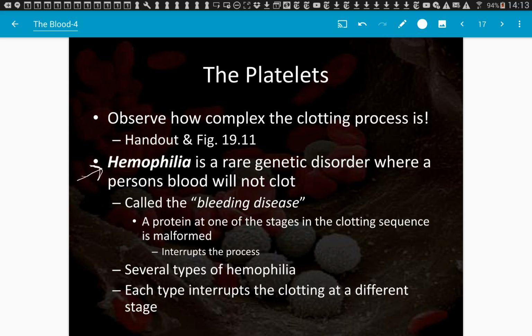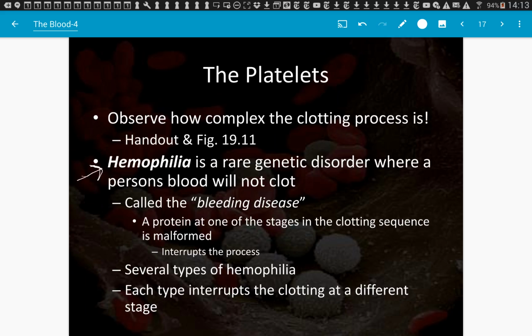So you need a blood transfusion from someone with healthy blood that has all those clotting factors, and so then a person's blood will be able to clot. So, for example, I remember my mom telling me a story that my grandfather was a professor at PUC, and if he had an emergency where he was bleeding, he would have to be driven down to UC Berkeley Medical Center, which is about an hour and a half away from PUC, to get blood transfusions.